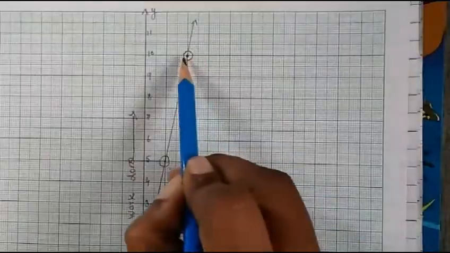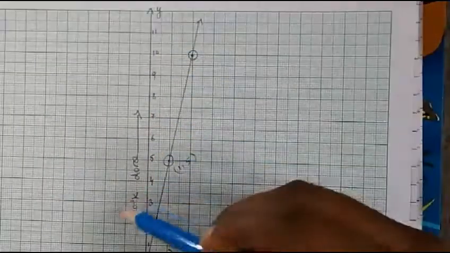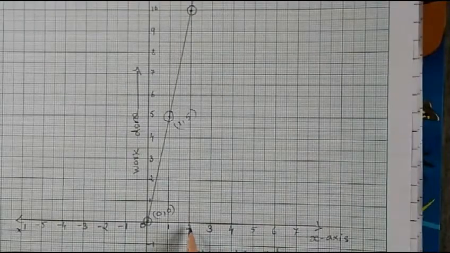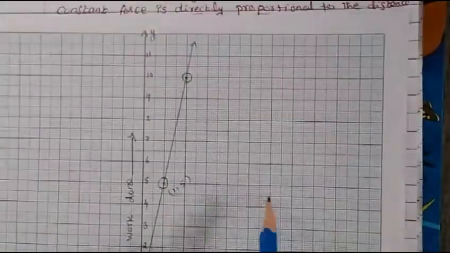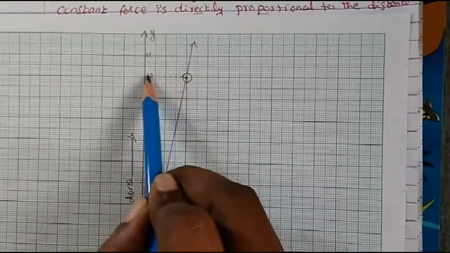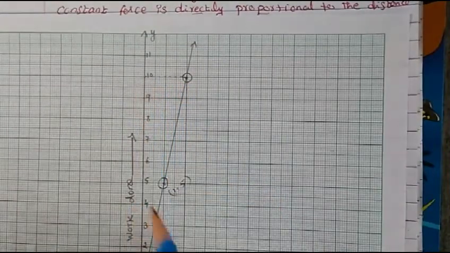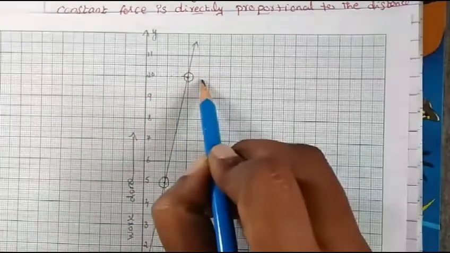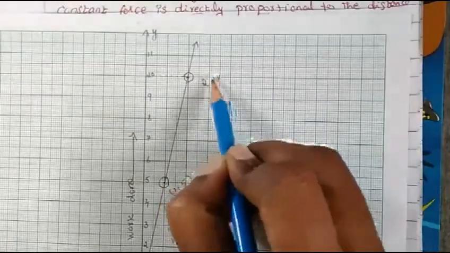So that means, work done is how much? Because the y-axis is work done, this is distance traveled. When the distance traveled is 2 units, the work done is how much? It is meeting at 10. So that means the work done is 10.